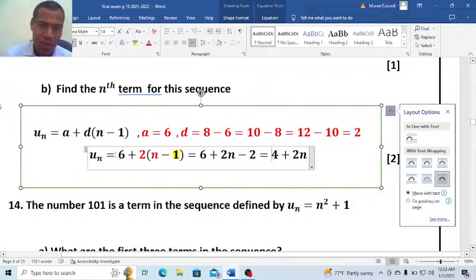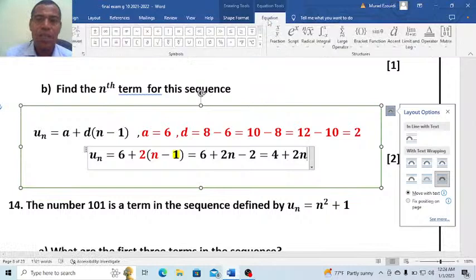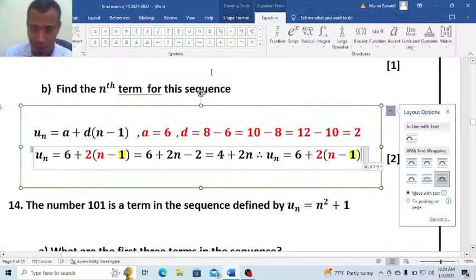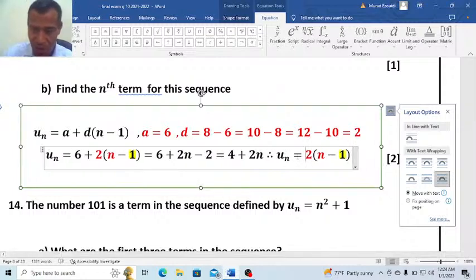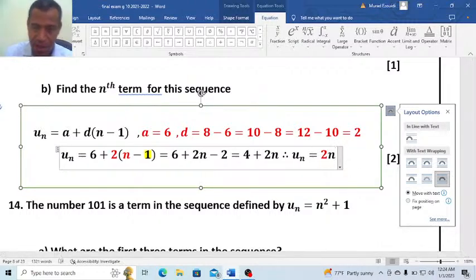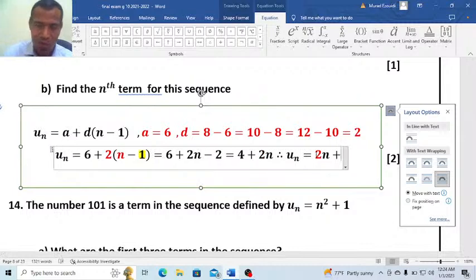Therefore the nth term is that. I'll just write this again. Therefore the nth term, which is Un, is equal to 2n plus 4.